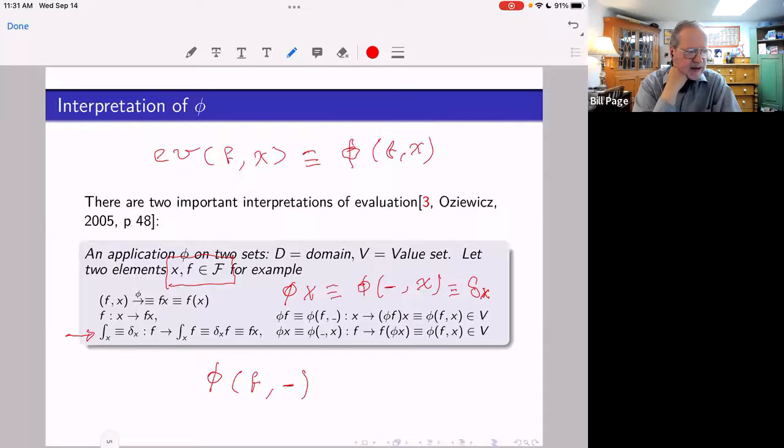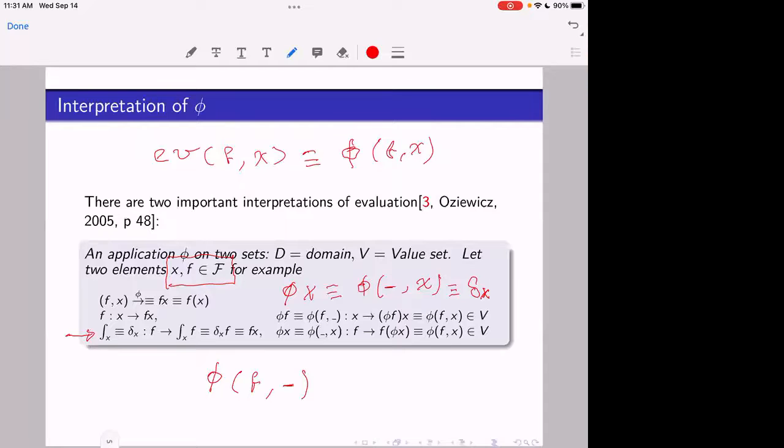I can apply a function to a value, but the function is of a different kind. Well, if we're just talking about multiplication, it's okay.